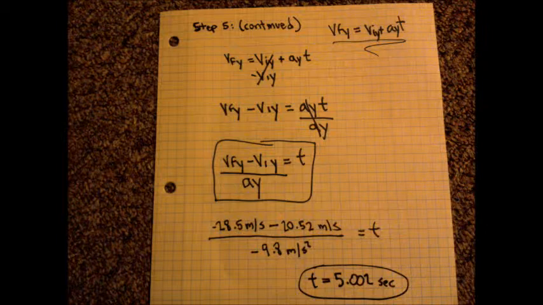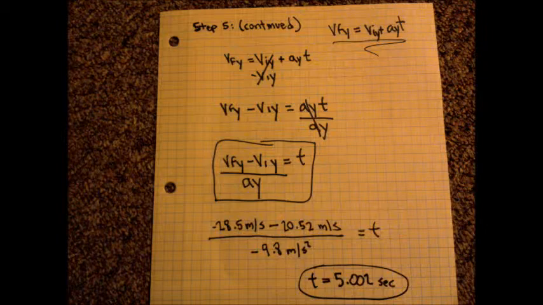But first, in order to solve for t, you have to get the variable t by itself, and to do that you use basic math. You subtract VIY from both sides, and that gives you VFY minus VIY equals AYT, and you divide both sides by AY to get t by itself. The equation I squared there is the equation we use to solve for t.